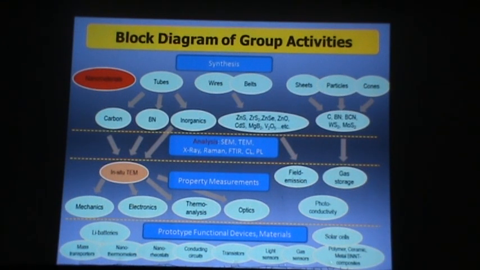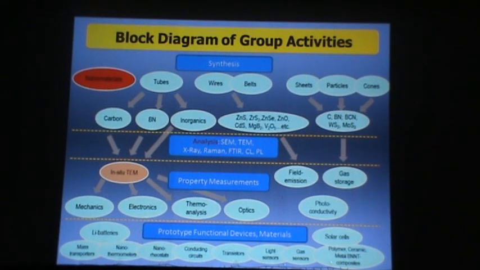We have 4 high-resolution electron microscopes in my group, 200 keV, 300 keV. And we try to utilize in situ TEM, this novel technique, to get access to the mechanical, electrical, thermal, and optical properties of materials.